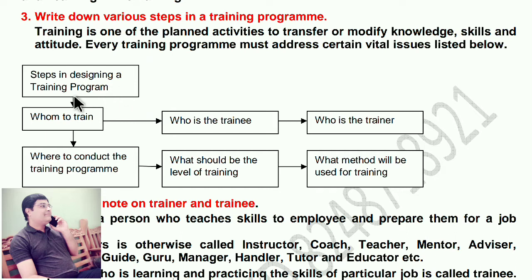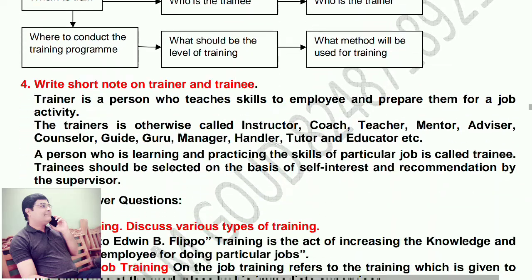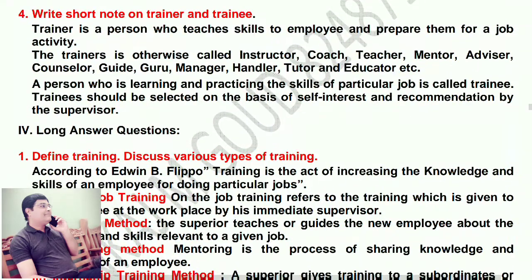Steps in designing a training program: whom to train, who is the trainee, who is the trainer. Where to conduct the training program, what should be the level of training, and what method will be used for training. These are the steps that should be followed. Next question.